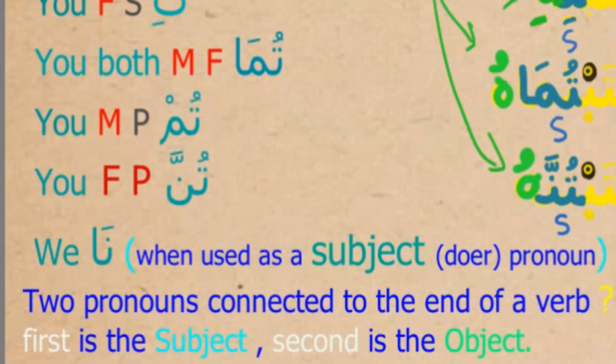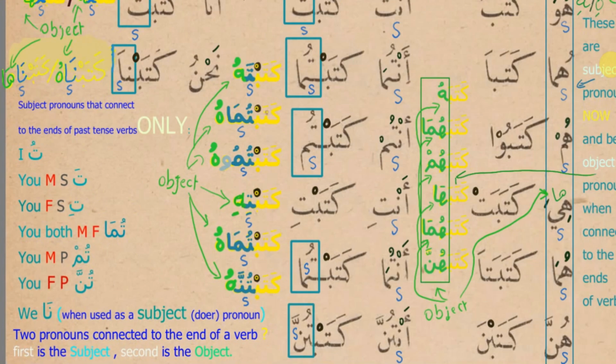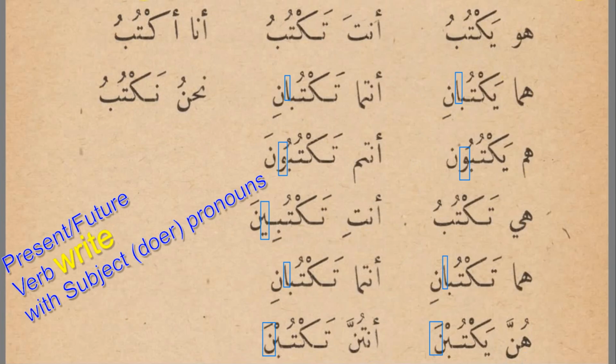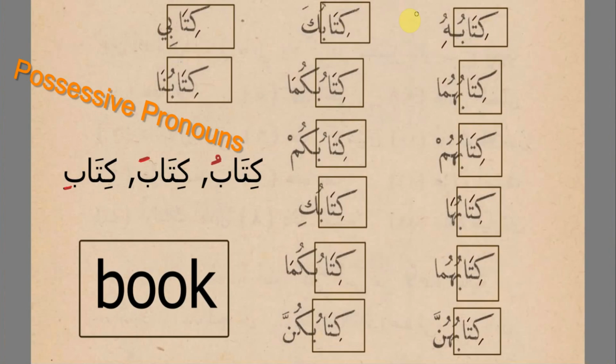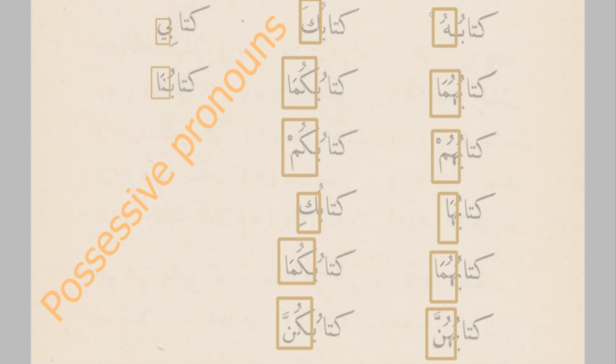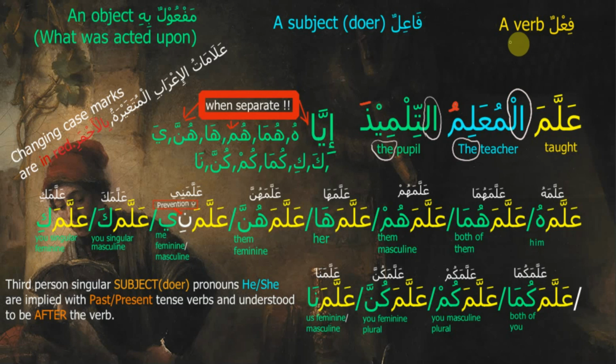When you have two pronouns connected to the end of a verb, the first is the subject and the second is the object. فعل, a verb. فاعل, a subject, doer. مفعول به, an object, what was acted upon.